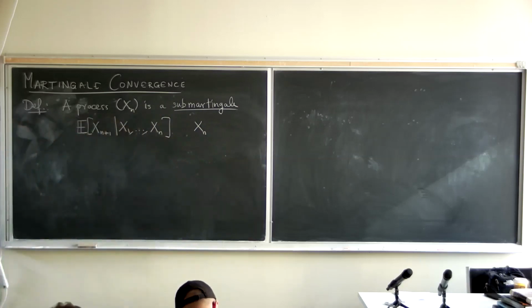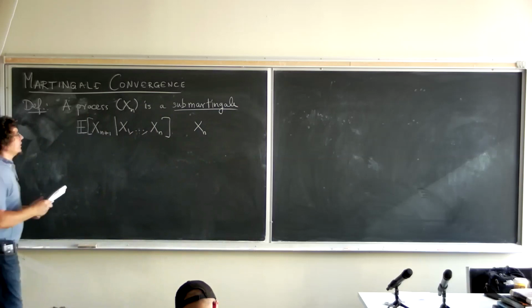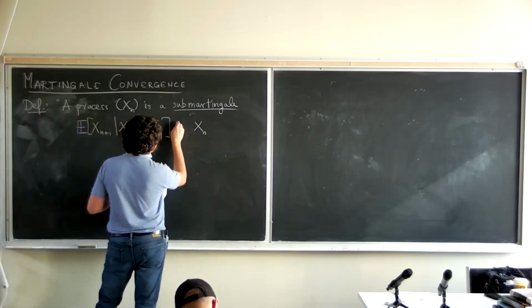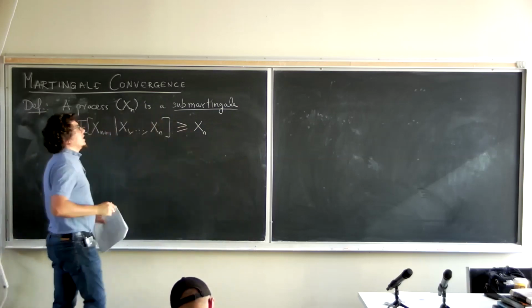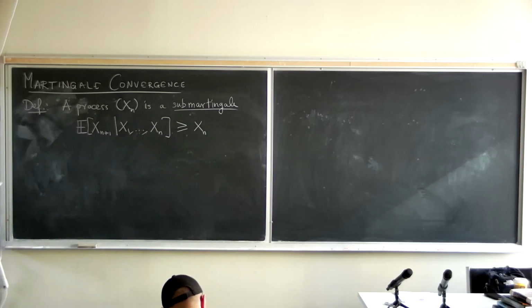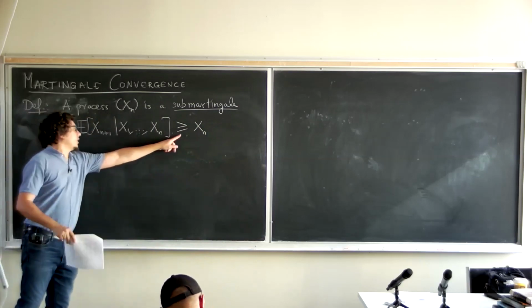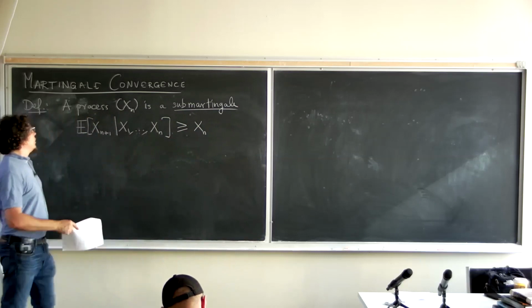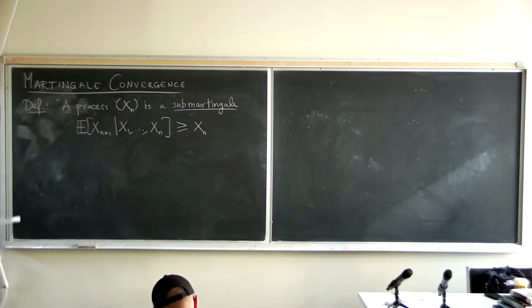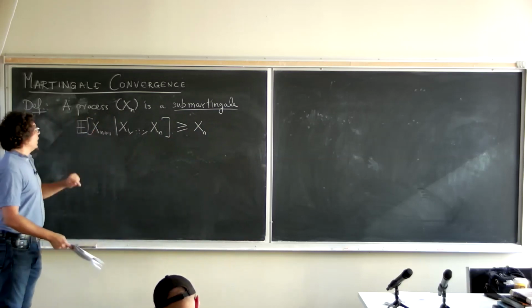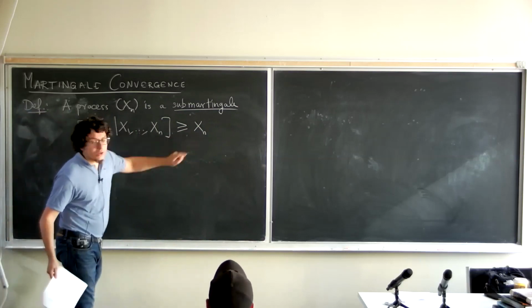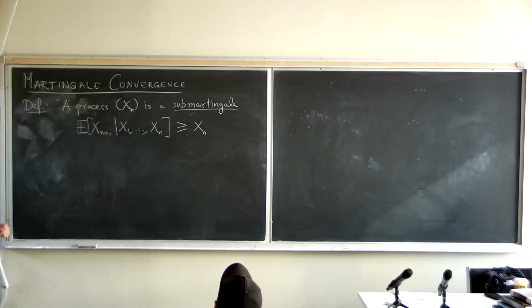In fact, the actual inequality that defines a submartingale is bigger or equal. So a submartingale means that the expected value of tomorrow's value of the process is bigger or equal than today's value. I think the reason we call it sub is because there's an interpretation in terms of subharmonic functions.